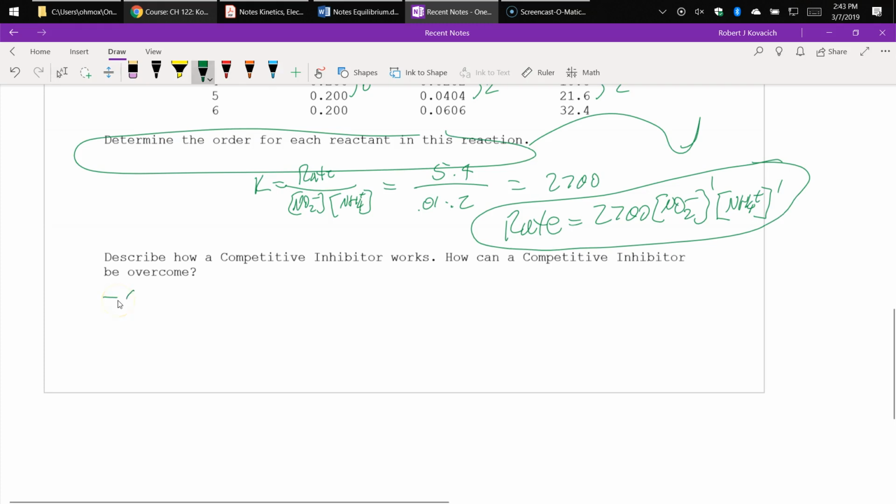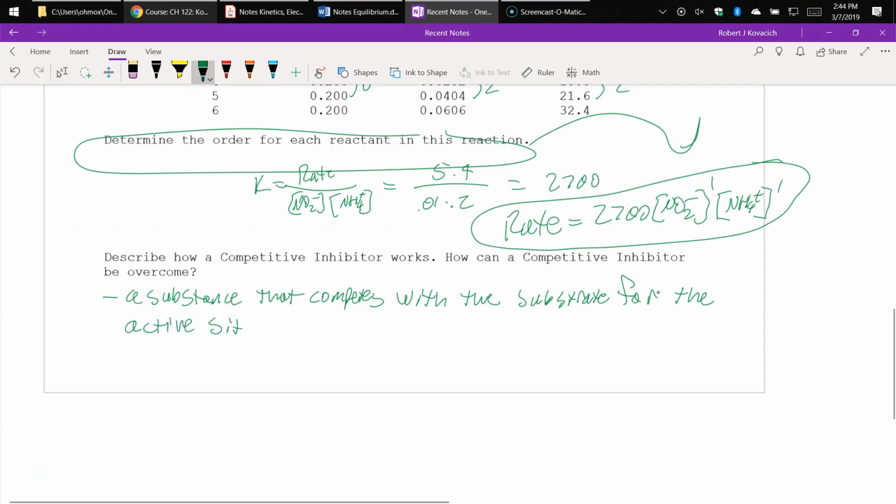Here's the active site of the enzyme. So the substance, the inhibitor, it's fighting with the substrate to get access to the active site on the enzyme.